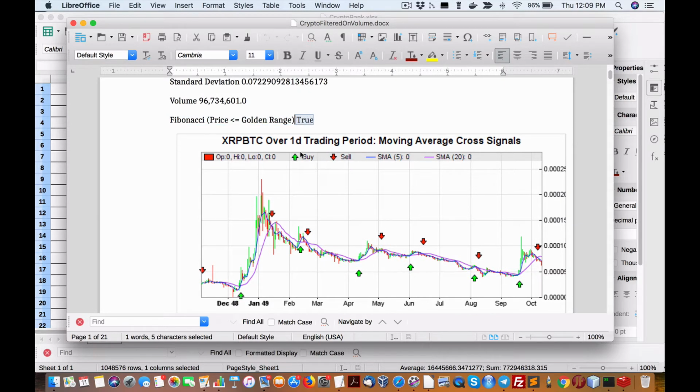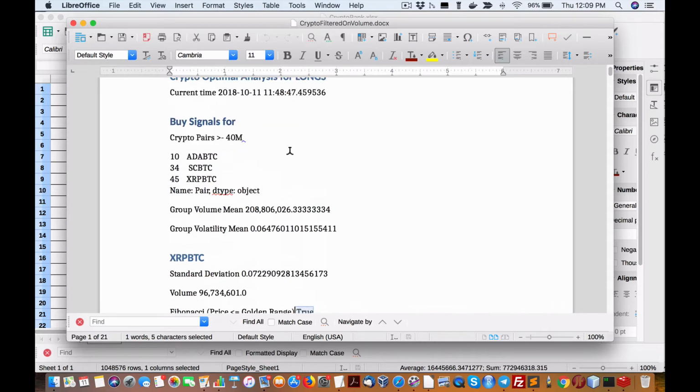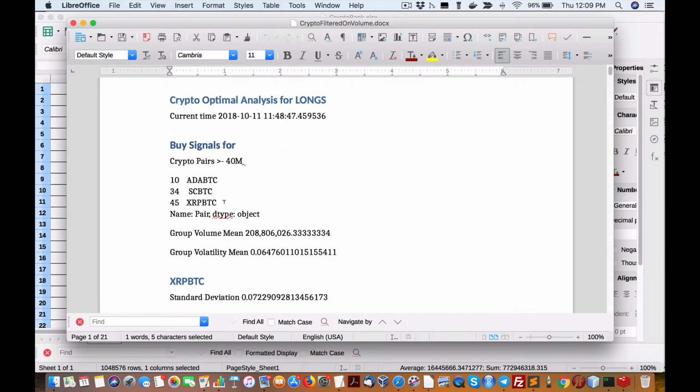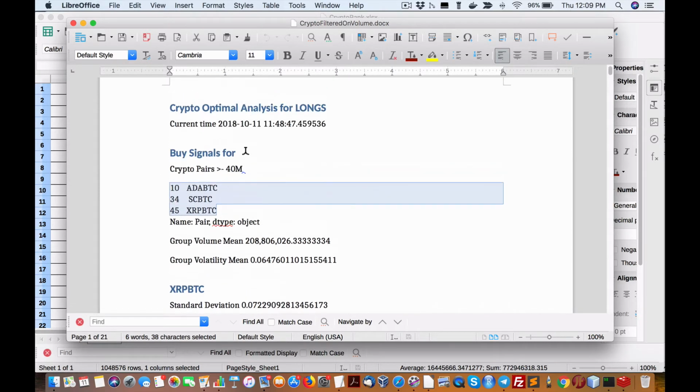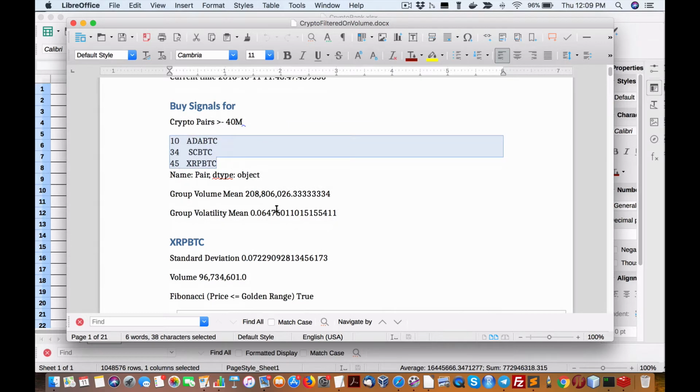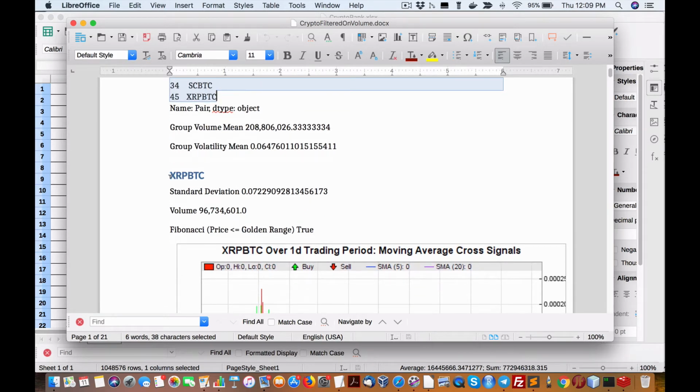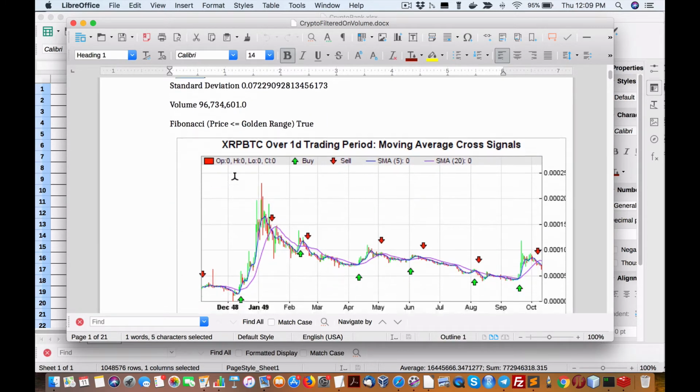That's one of the factors I use to sort the overall group by whichever pair works best. And if you've seen the intro to my latest course, this can work really well within a few days. I'm looking for patterns that will show the potential in these reports. Maybe in a day or two, they'll get some big moves. So this one looks like it's going to have a big move in the next few days.